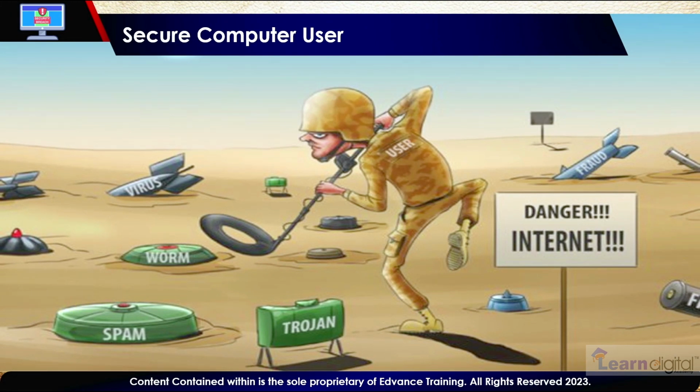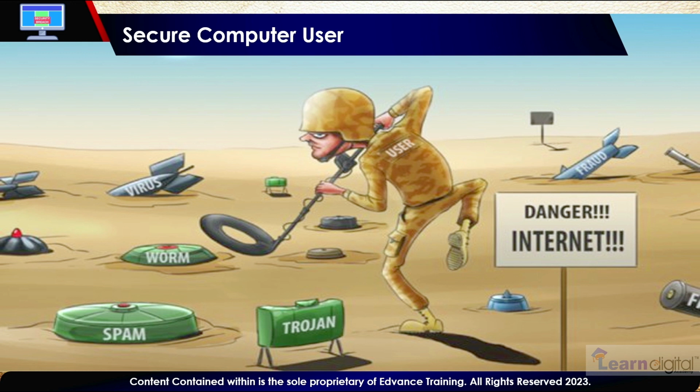So how to be a secure computer user? Being a secure computer user involves adopting certain habits and practices that help protect your computer and personal information from online threats. As an example, you can use strong and unique passwords, keep your software up to date, and be careful with the emails you get on your mail IDs from unknown sources.